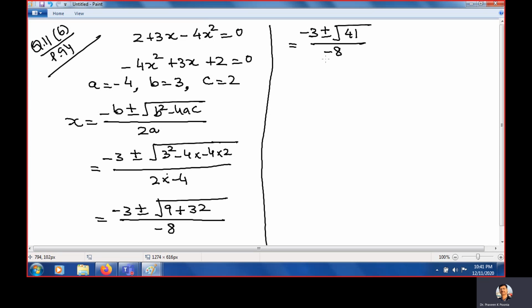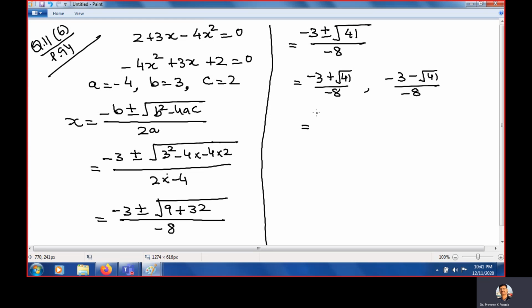Clear? So what you can do is, because 41 is a prime number, without calculator we cannot find the square root of 41. So choose plus and choose minus. In the first one, what will be the answer?